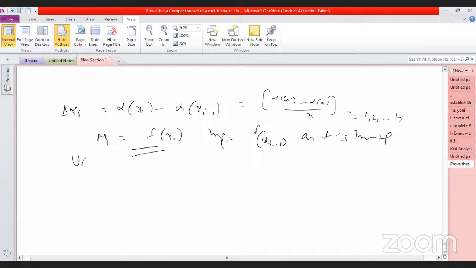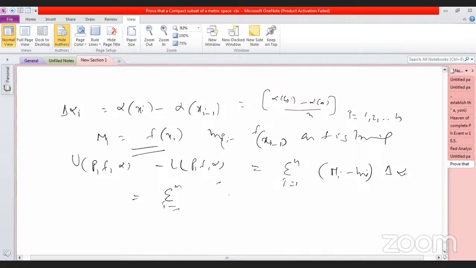So UPF of alpha partition minus LPF of alpha partition, we are taking here, is the summation of i equal to 1 to n of capital Mi minus small mi, times delta alpha i. Therefore it is the summation of i equal to 1 to n of f of xi minus f of xi minus 1, times alpha b minus alpha a by n, since the condition is satisfied.